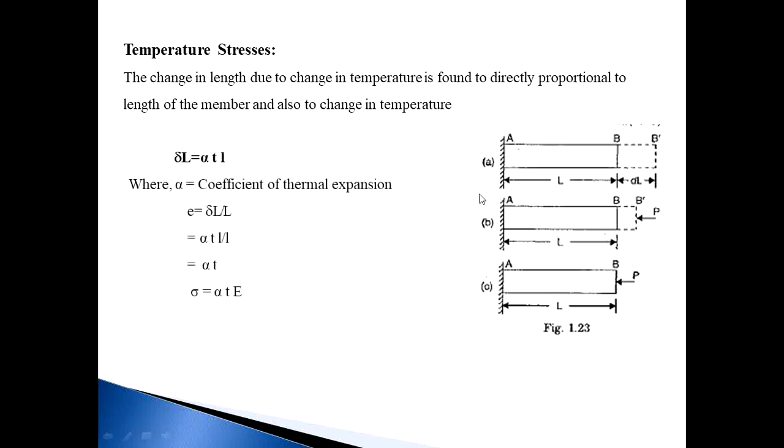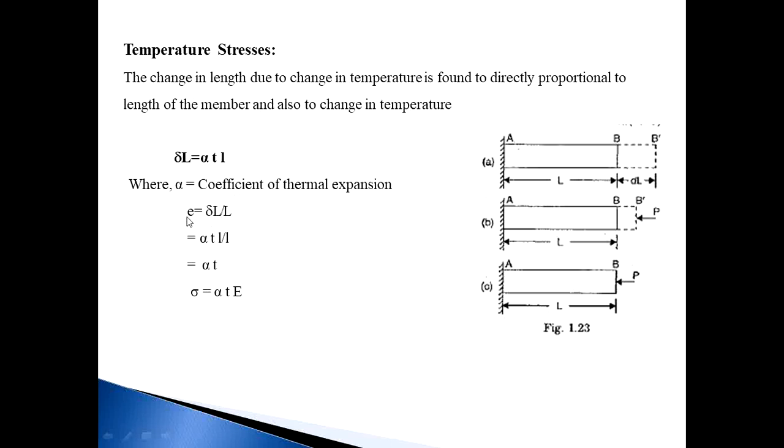See the mathematical expression. Change in length, delta L, is equal to alpha T L, where alpha is the coefficient of thermal expansion, which depends upon the material, T is the temperature, and L is the length of the member.